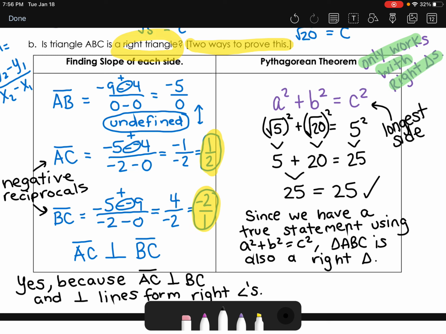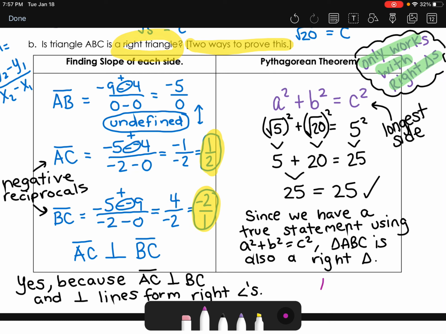Or you could do the Pythagorean theorem, which only works for right triangles. If you plug in the 3 sides that you figured out in part A, well, there was good reason why we did that in part A. Now we know for sure, 1000%, that the triangle above is also a right triangle.